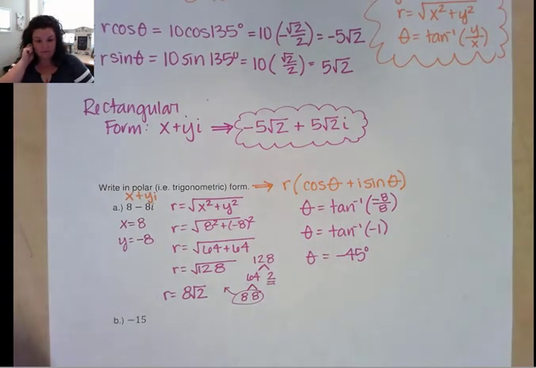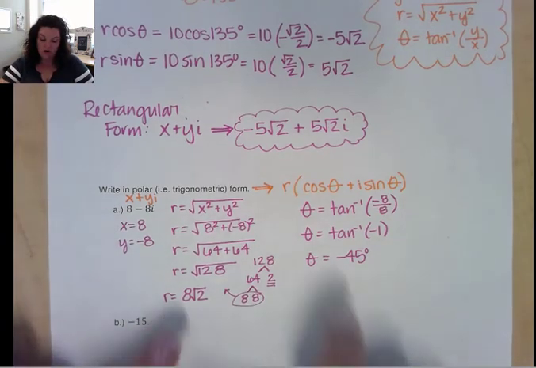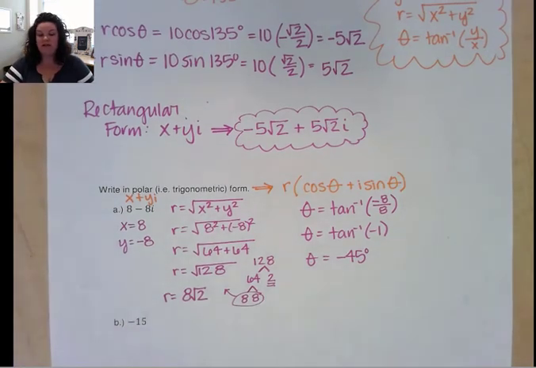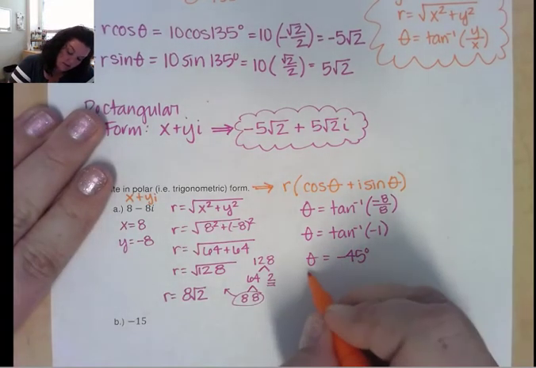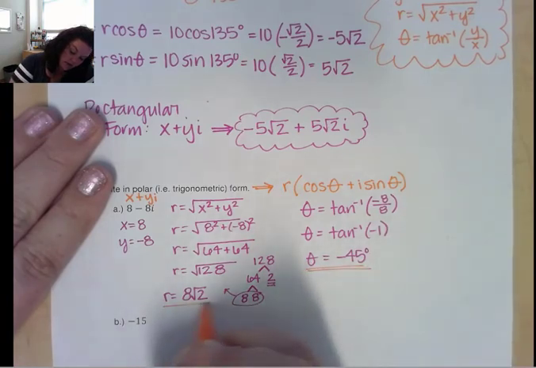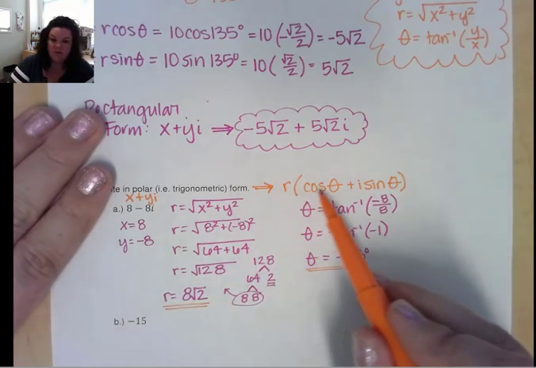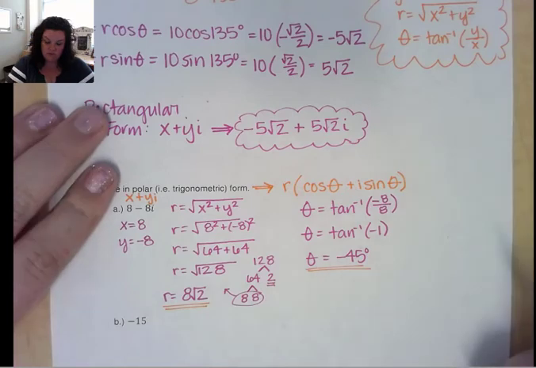Okay, now that we know our angle and we know our r, we should be able to write it in trigonometric or polar form. Here's my angle, here's my r, and all we have to do is rewrite this statement using those two bits of information.